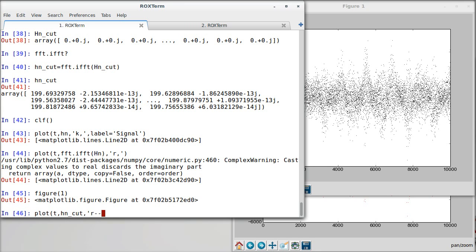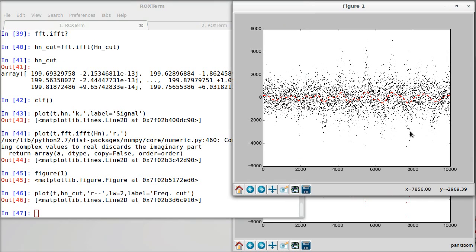Let's make it a red dashed line, a little bold so we can see it. Let's call this frequency cut. We plot our signal on there. So the claim is that this really is the underlying signal. All this other stuff is noise.